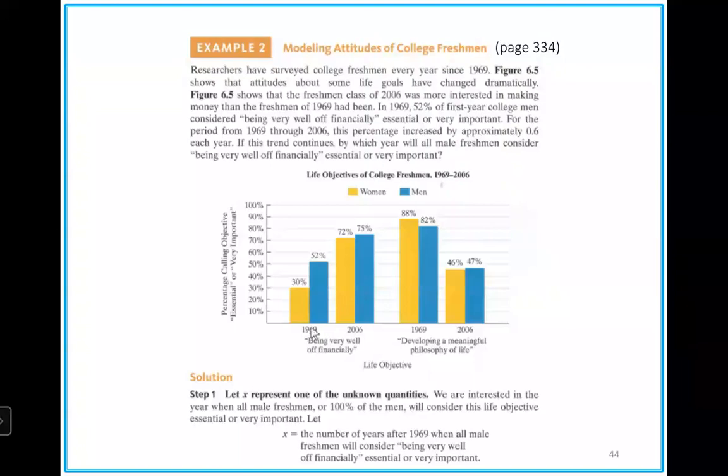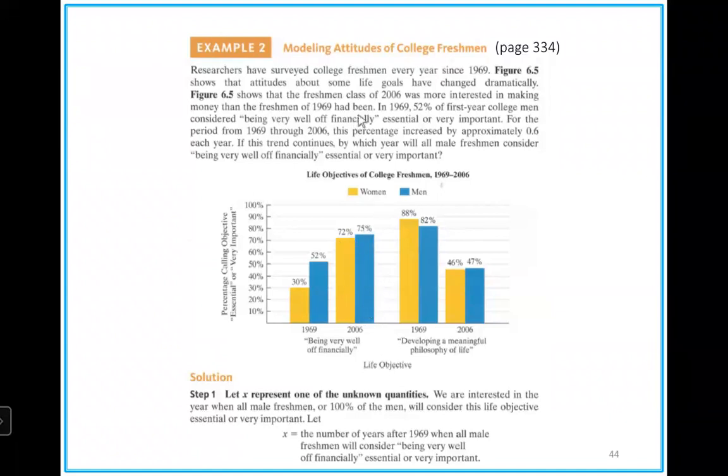This first bar shows 1969, and the blue for men, 52% believed that being very well off financially was most important. And in 2006, 75%, according to the information at the top here, felt that being very well off financially was most important.